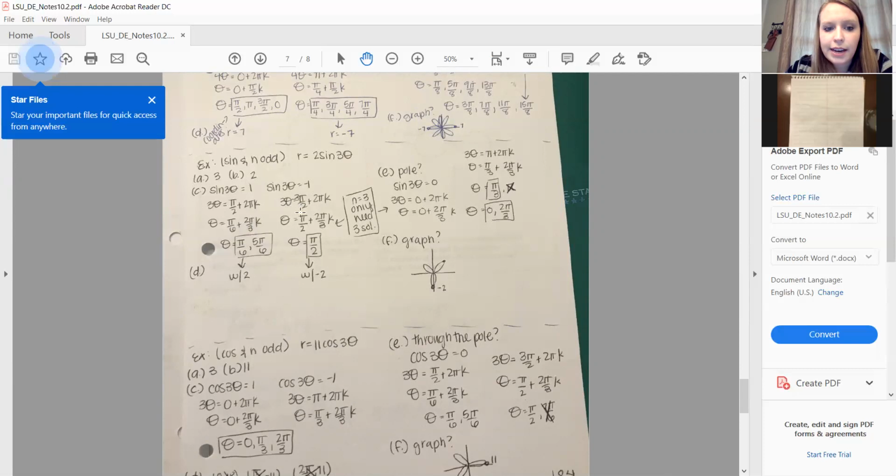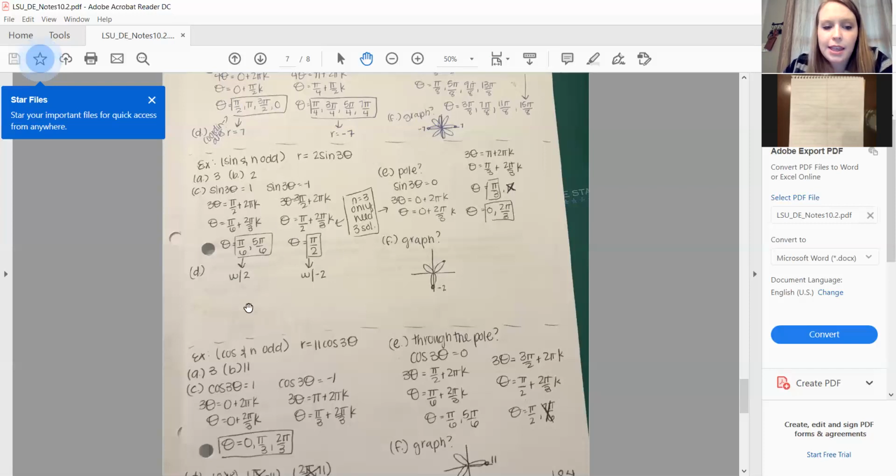Okay, this one over here, when we divide by 3, we technically get 3 pi over 6, and I didn't write it here. So it's the same thing as pi halves. So all we have is pi halves here, because if we add these, we're going to get something bigger than 2 pi. But you're only supposed to get 3.